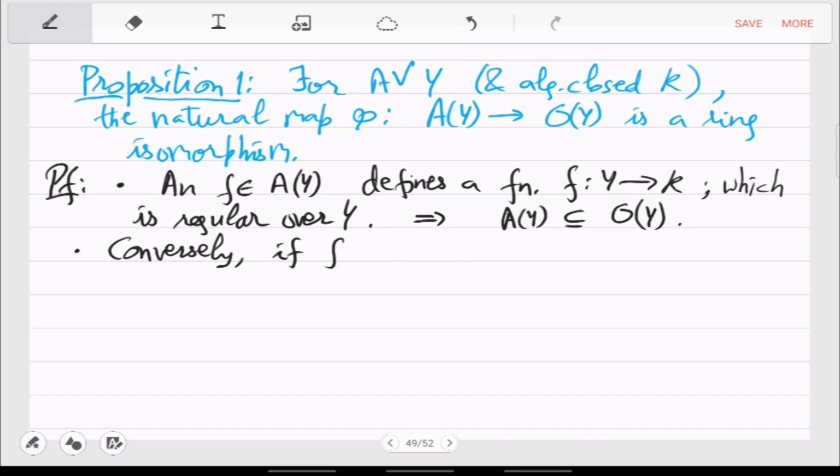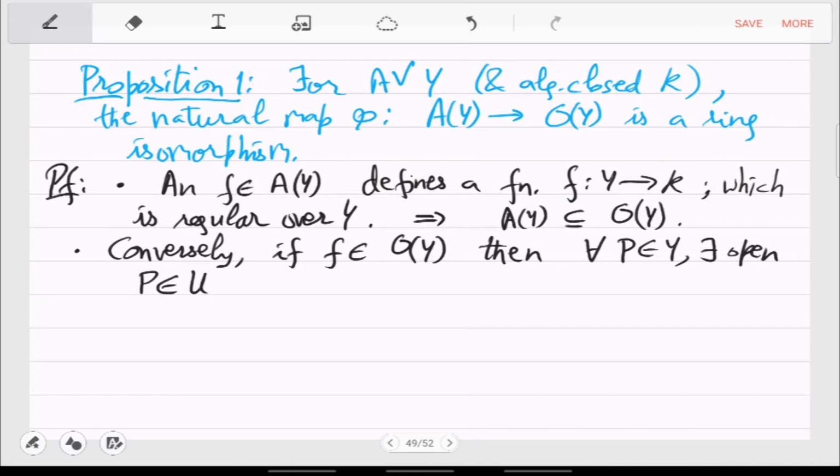Conversely, if you take an element f in OY, then for every point P in Y, there exists an open U around P such that f is equal to g over h on U, for g and h in AY.